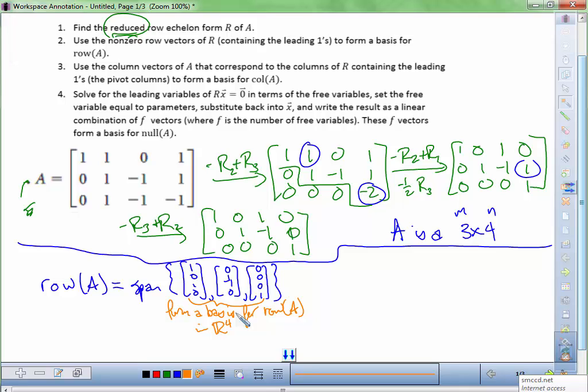Okay? So how many dimensions is the row space? The row space lives in R4, but it's only 3-dimensional because there's 3 vectors.